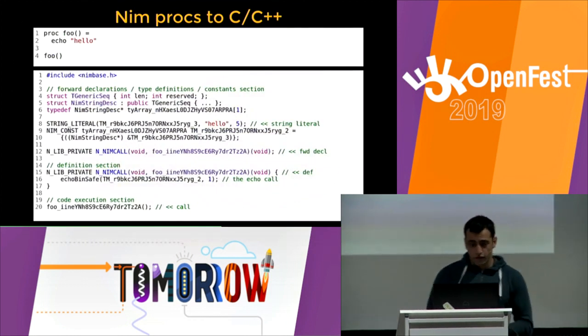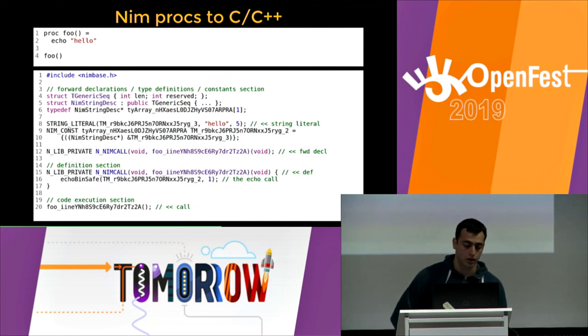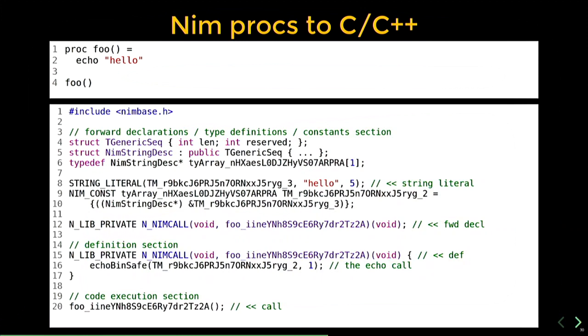So when we define a function in Nim and then we call it, the result looks something like this in the C code. First, we have a bunch of structures which define the string, sequence, whatever. That's not really important at this point. Actually, I should mention that each source file is structured in the following way. At the top, there are the includes.